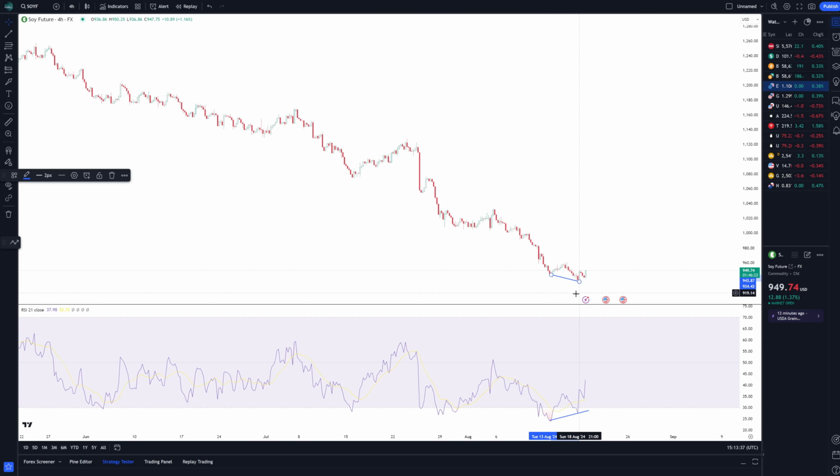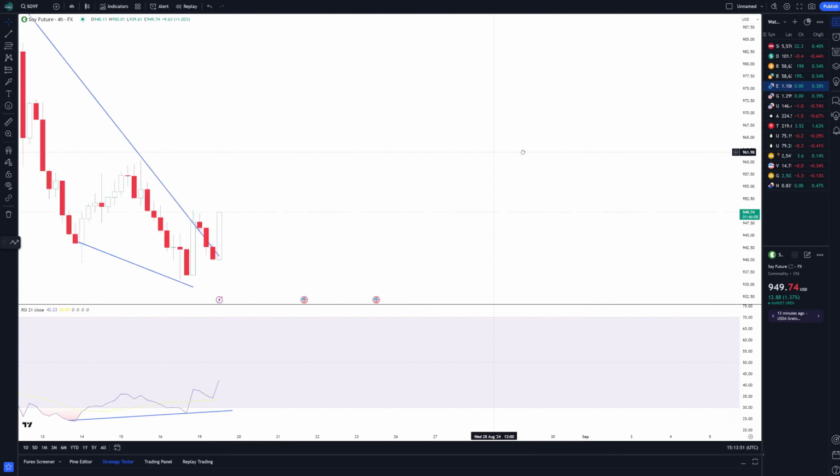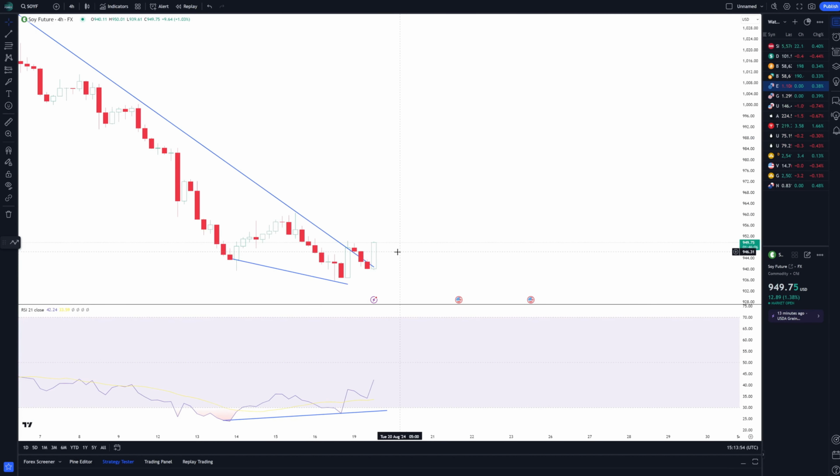So what's happening now is, let me draw a trend line from the recent top to here. Let me zoom into it a little bit so I can show you exactly what has happened. It broke the trend line above, then came back, retested it and broke out again.